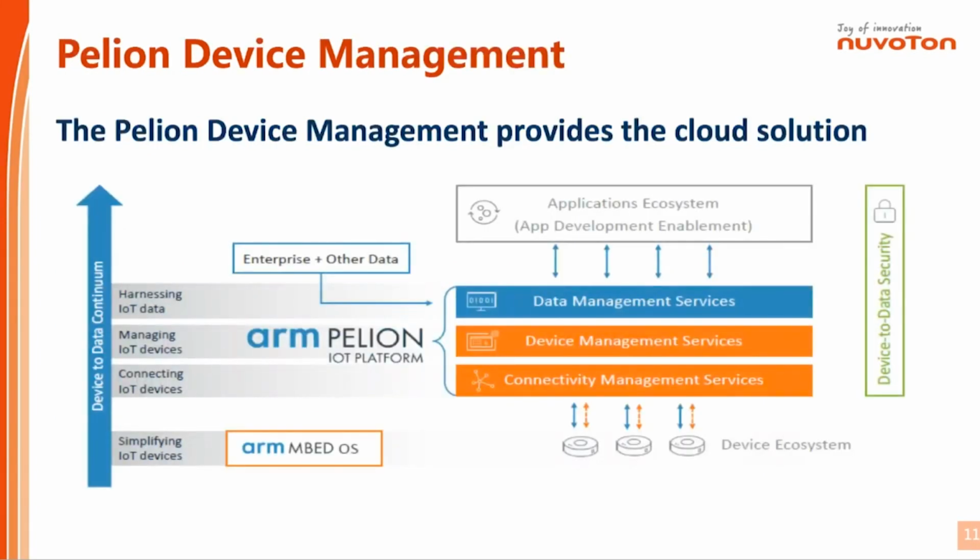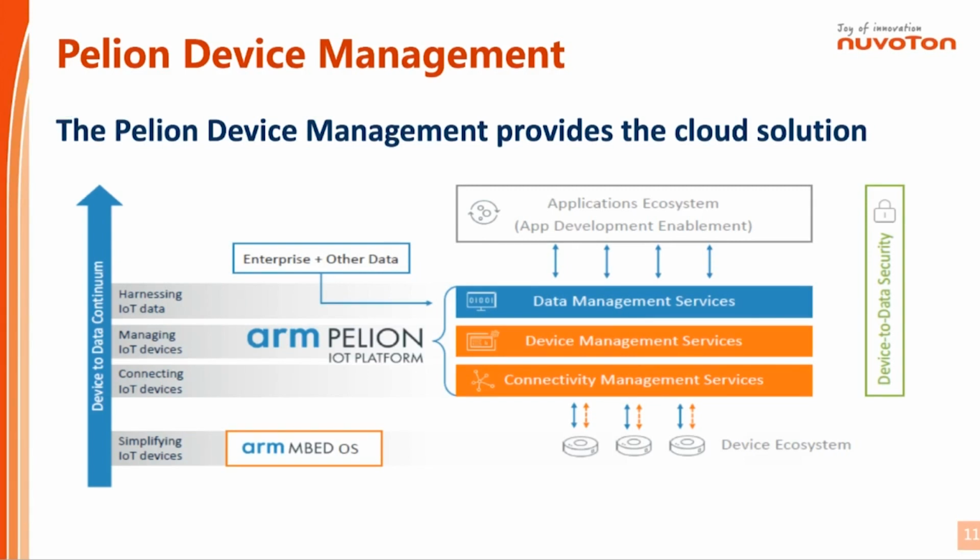Pelion is a secure and flexible foundation of IoT service for connectivity, device, and data management. Connectivity management allows easy and secure connection of IoT devices on multiple network standards.